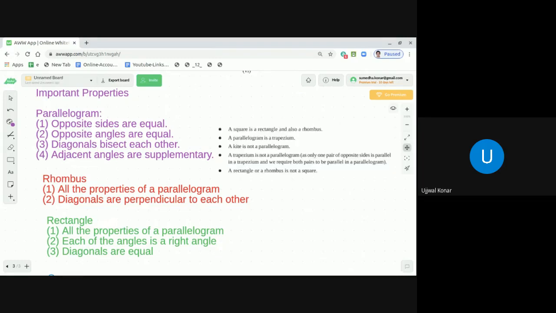Very good. A square is a rectangle and also a rhombus. A parallelogram is a trapezium. A kite is not a parallelogram. A trapezium is not a parallelogram. The reason is given in the bracket. And finally, a rectangle or a rhombus is not a square.